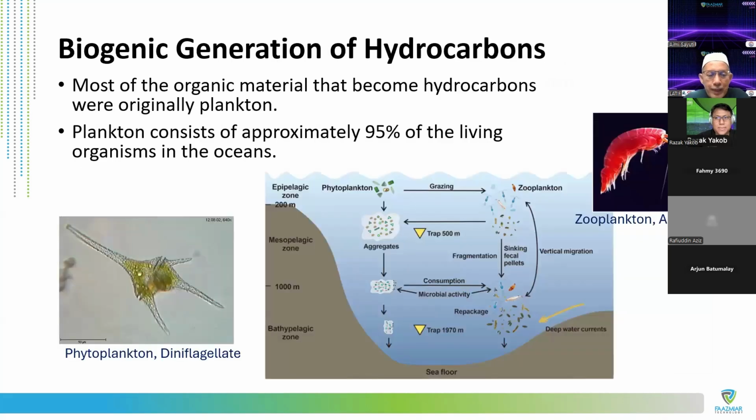Okay, then we go to the next one, biogenic generation. You can see that millions of years ago, our seas had plankton and zooplankton and so on. All these small microorganisms were being built up very fast.